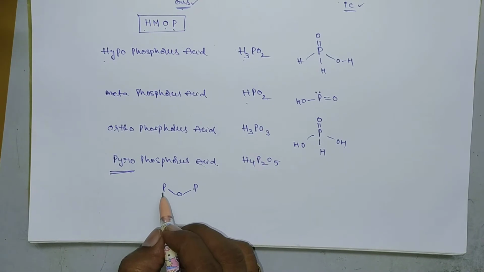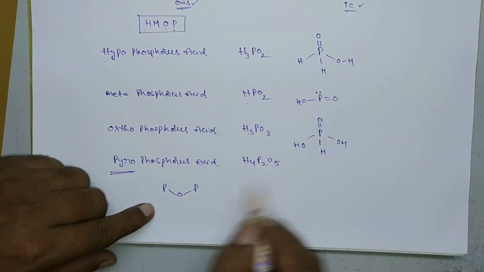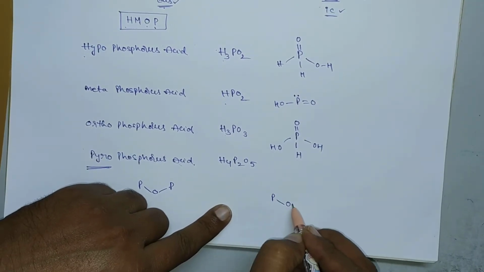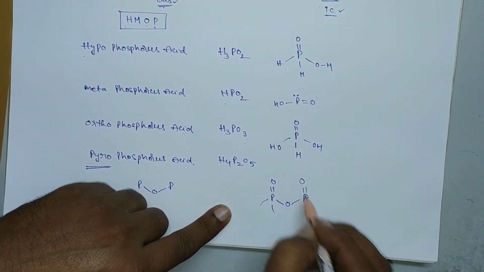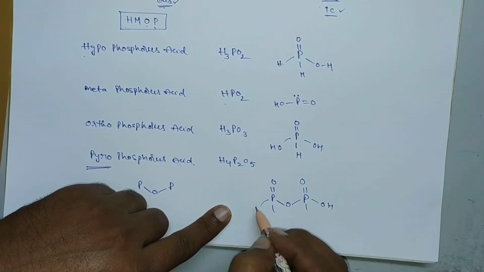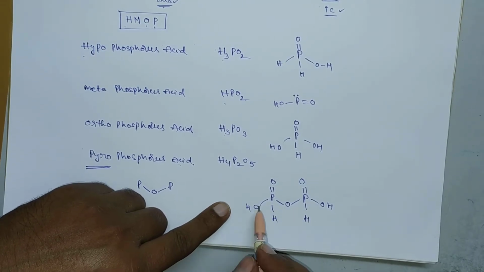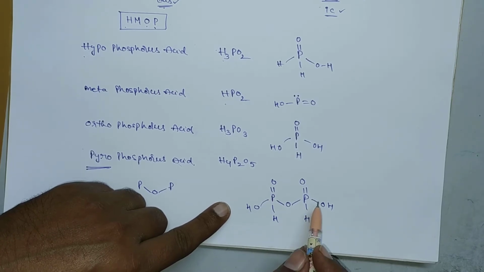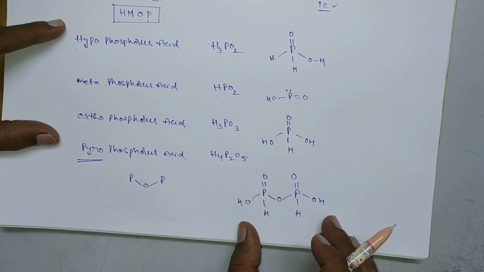You have to remember this. So H4P2O5 means P O P, with a double bond O, again a double bond O, here OH, OH, H and H only. So there are 4 hydrogens, 2 phosphorus and 5 oxygens. These are the structures of these molecules.